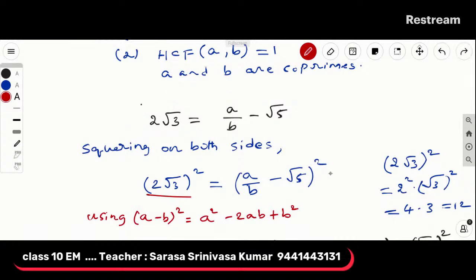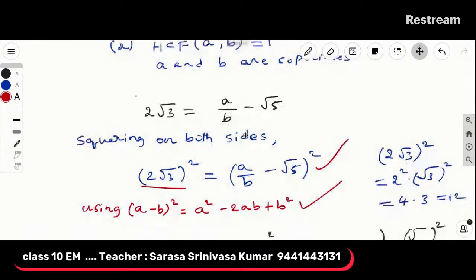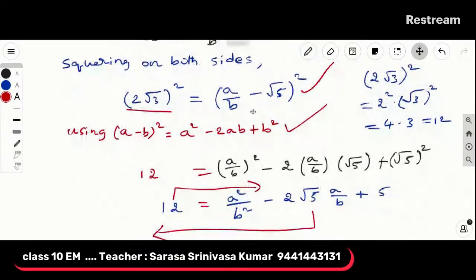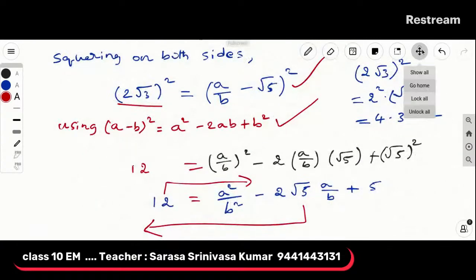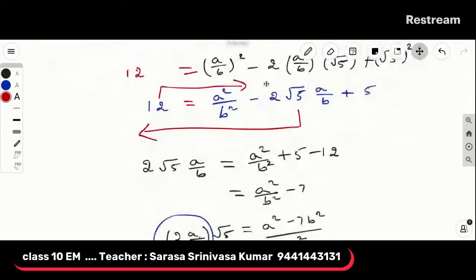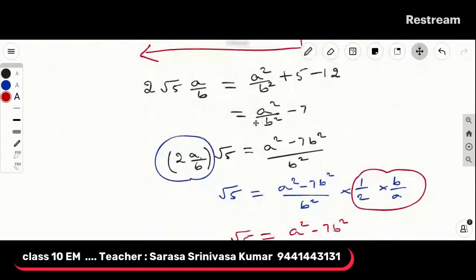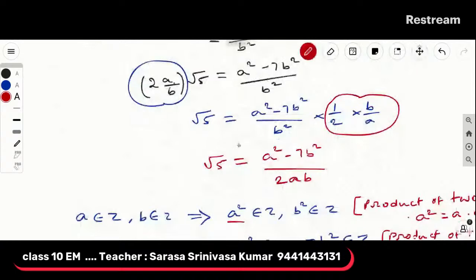Using the formula (a minus b) whole square, we square on both sides. After simplification, we get that square root of 5 equals (a square minus 7b square) by 2ab.